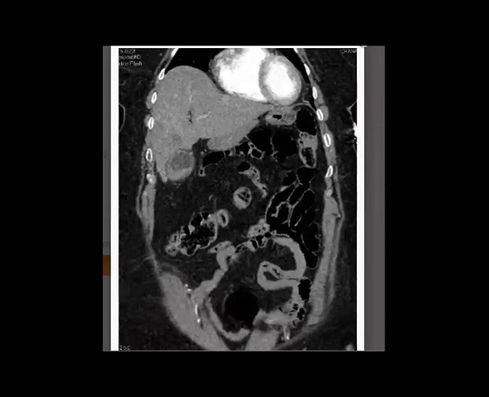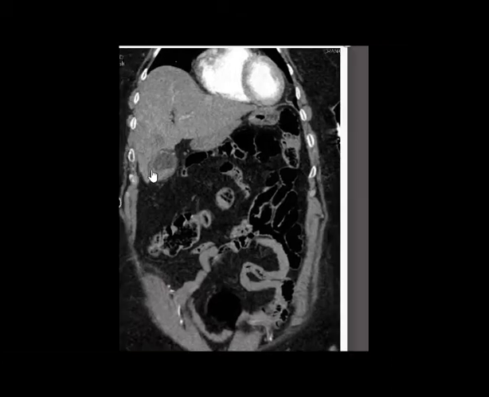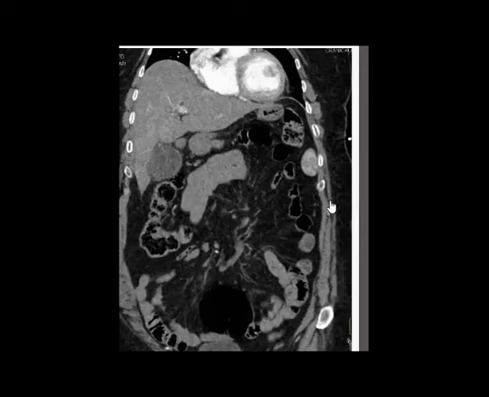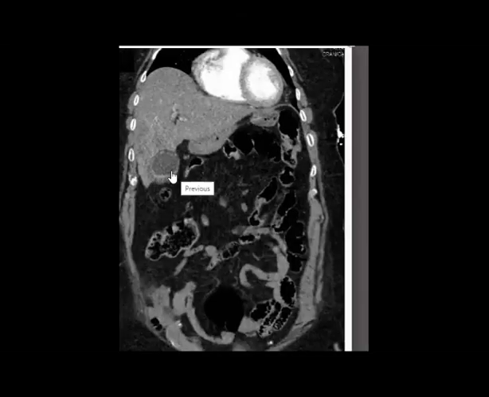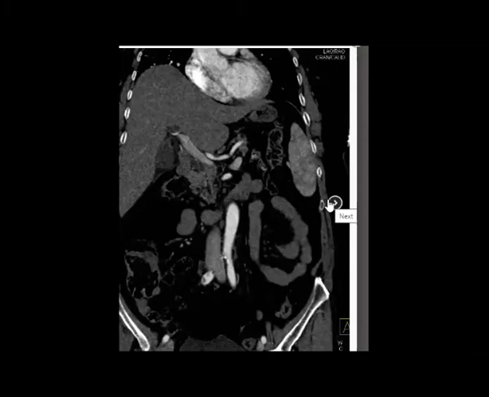So here again, soft tissue thickening along the gallbladder. The inside margin is hyperdense.